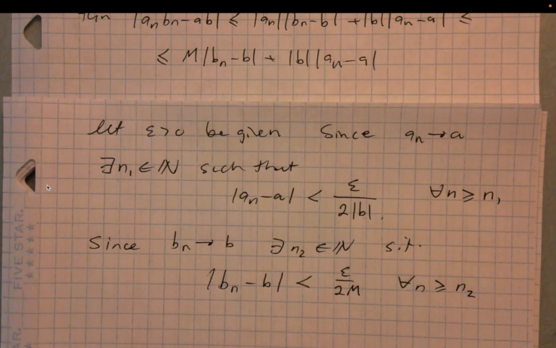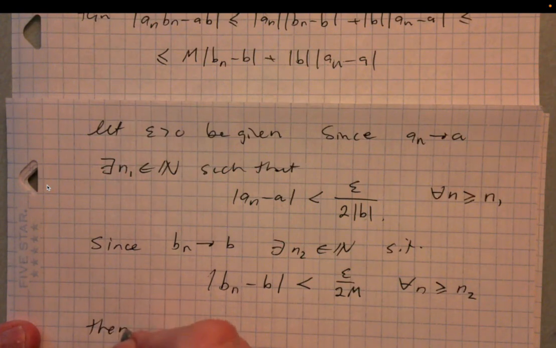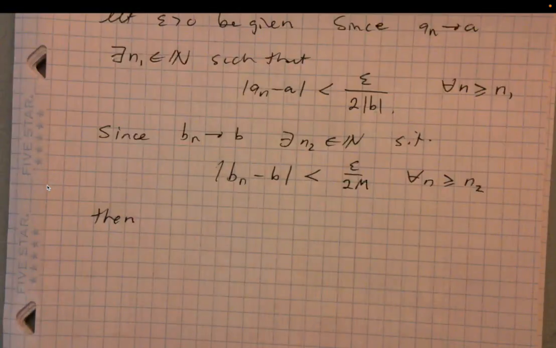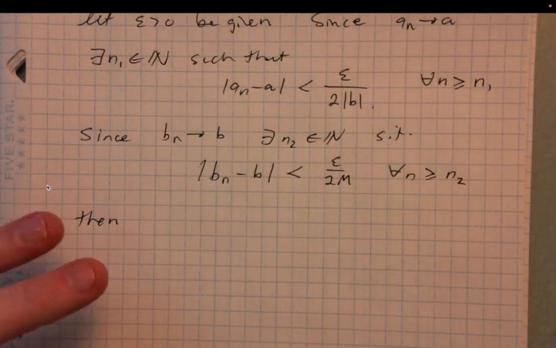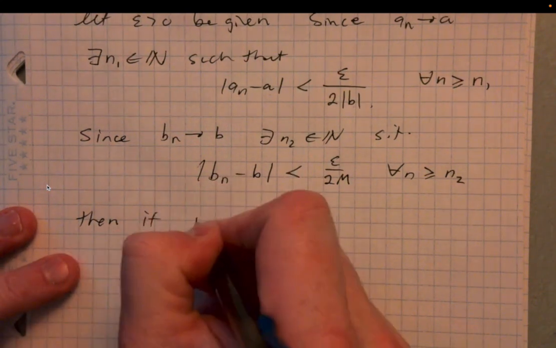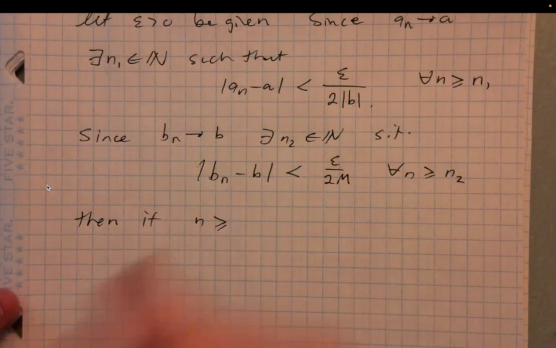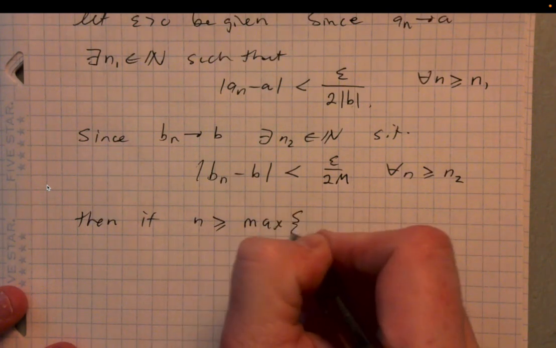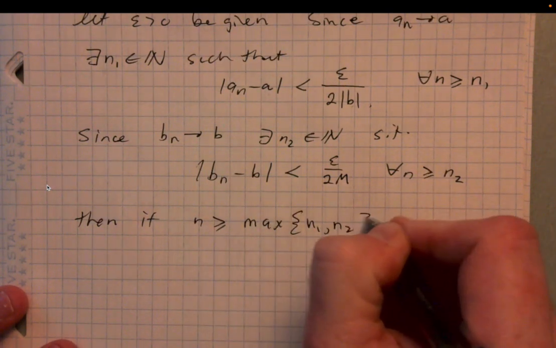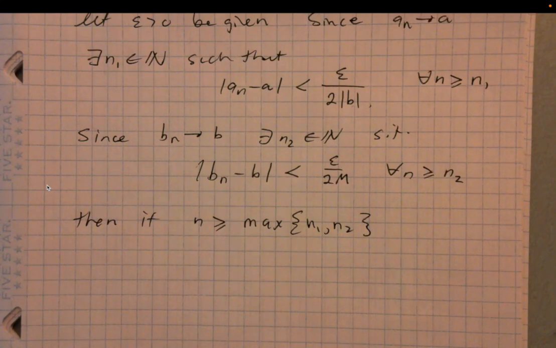Okay. So then here's where it all comes together nicely. Then, if n is greater than or equal to the maximum of n1 and n2, now, what does that mean?